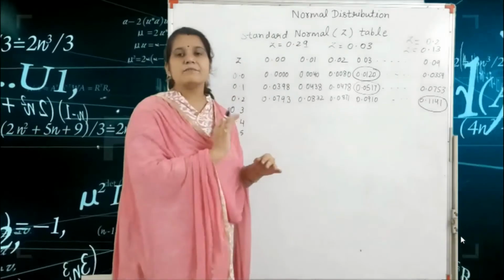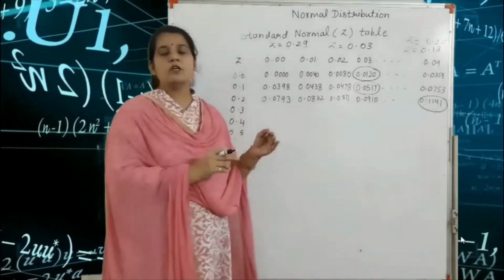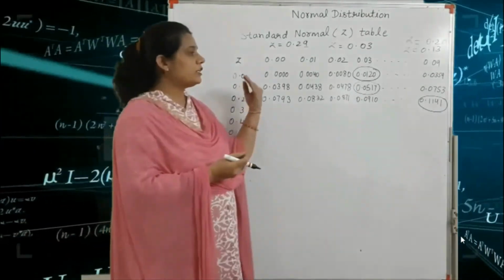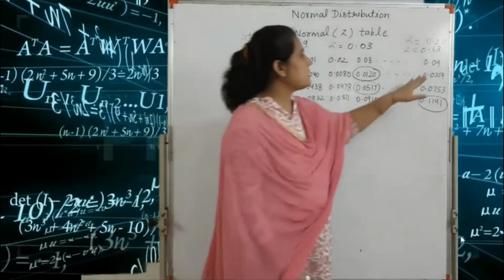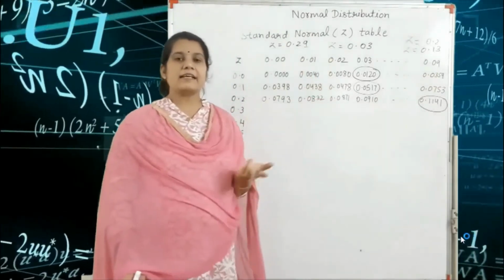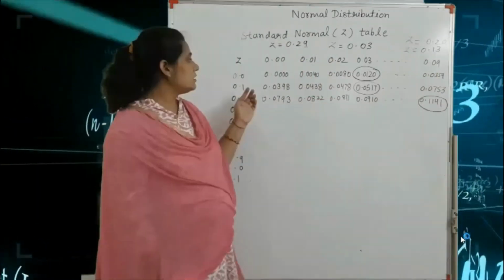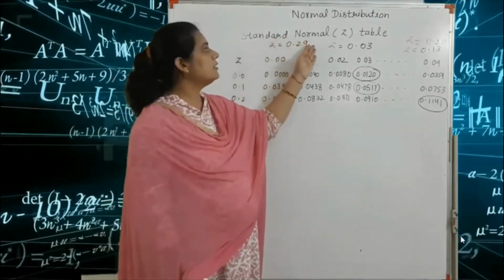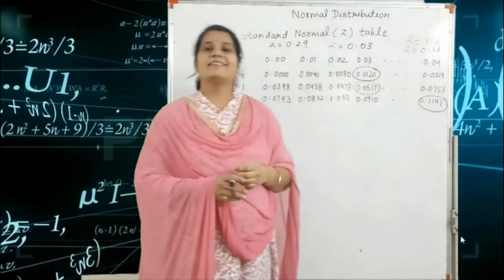The maximum value of z is equal to 3 according to your question, and the decimal place is up to 0.09, the second decimal place. This is a very easy process for finding values with the help of the standard normal Z table.